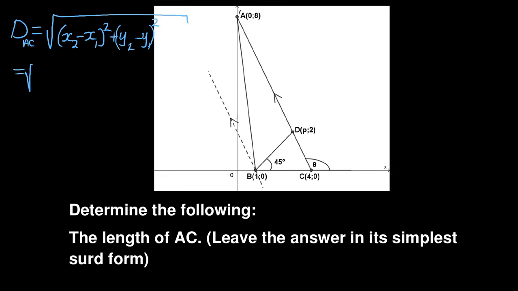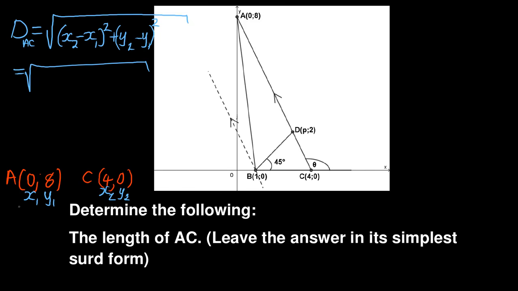So this then will become, I need first of all to have my point A. Let me write it down here. My A is (0, 8), and my C is (4, 0). So I can then have this as my x1, my y1, my x2, and my y2.